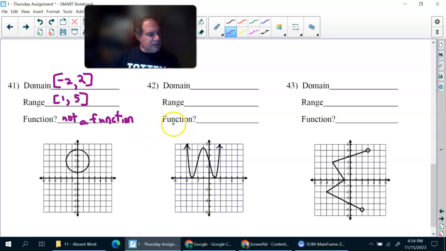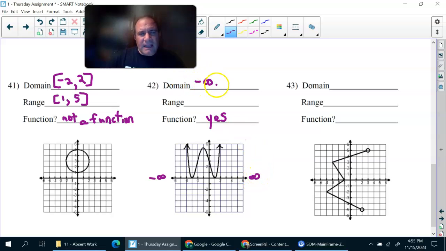The next one, which is 42, is it a function? Yes, it is. The domain: the leftmost part of the graph goes on forever in the -infinity. The rightmost part of the graph is positive infinity.